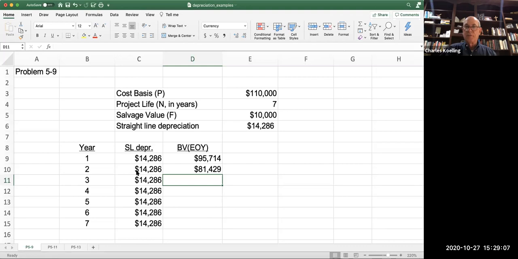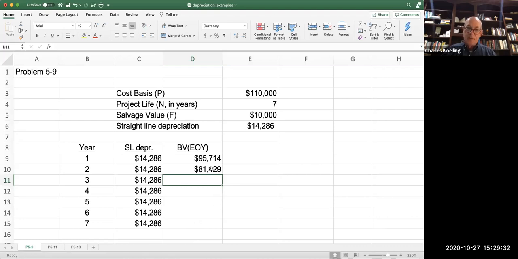The end of year book value minus the current year's depreciation gives us the new end of year book value. And if we have done this right, when we copy this down, our book value at the end of year 7 will be the salvage value of $10,000. And if that occurs, we know that we have done this correctly.